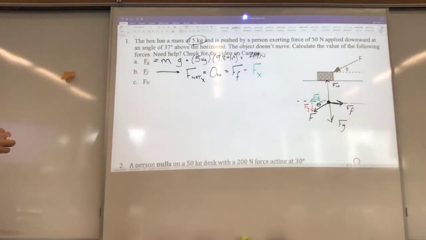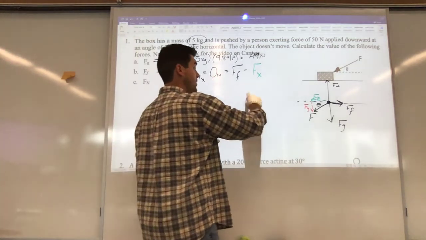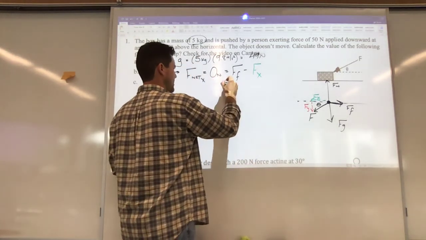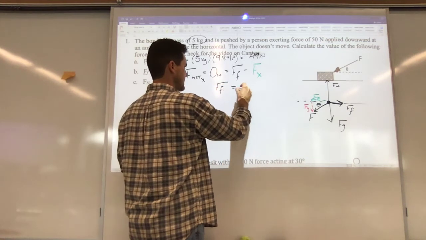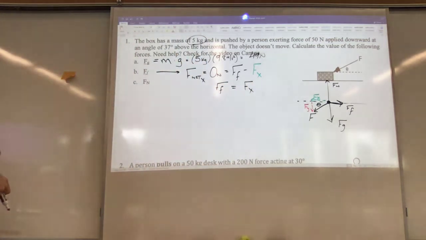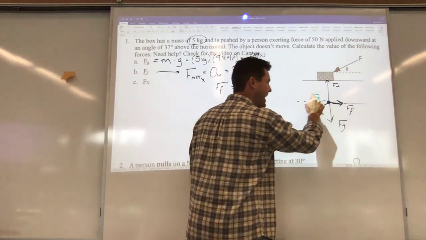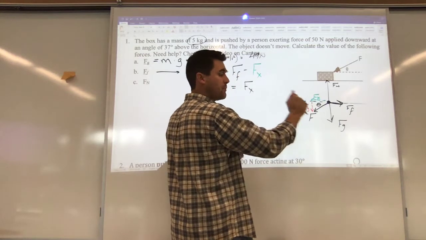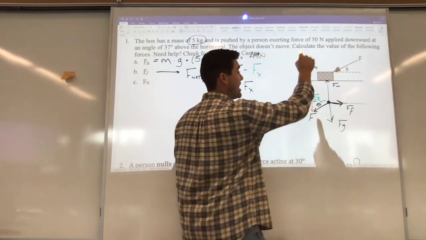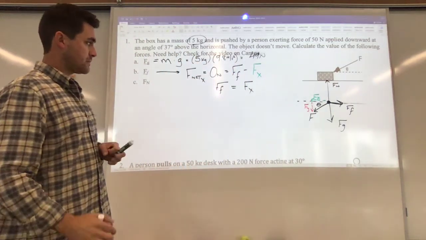What we can see here is if 0 newtons equals the force of friction minus Fx, we also know that the force of friction is equal to Fx. Let's solve for Fx. I don't know anything specifically about Fx, but I know a lot of information about the applied force. I know its magnitude, and I know its direction.